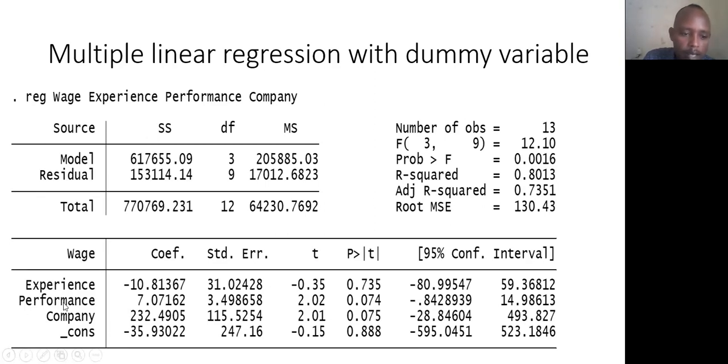And when we look at the interpretation of performance, when the performance of one individual increases by 1 point or by 1 unit, on average, the level of wage increases by 7.09, other variables remaining constant.